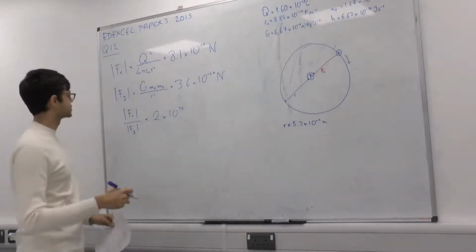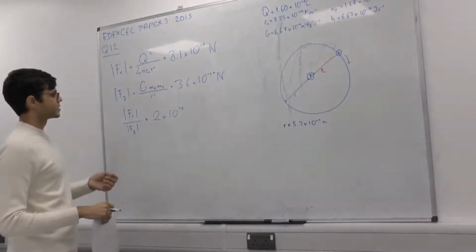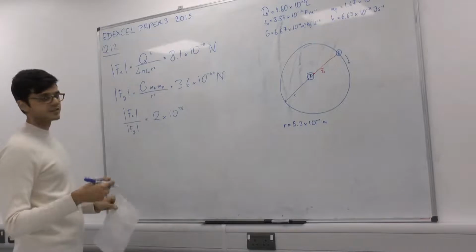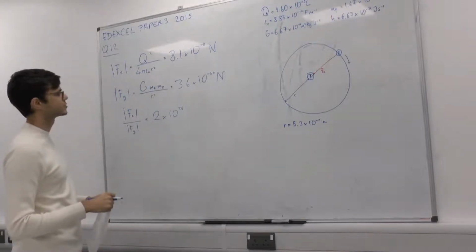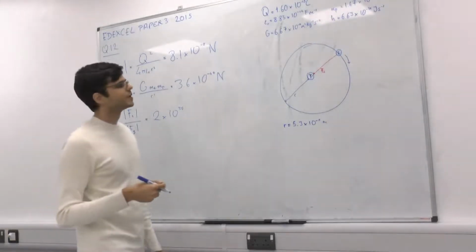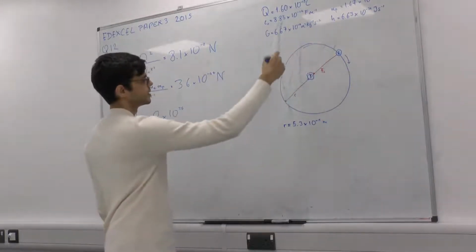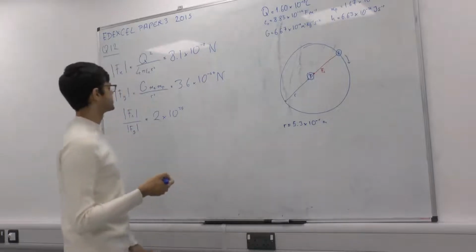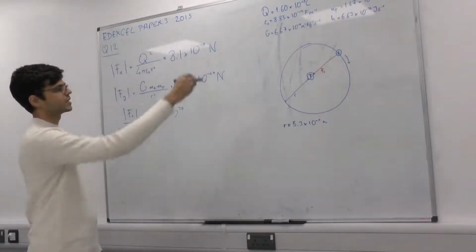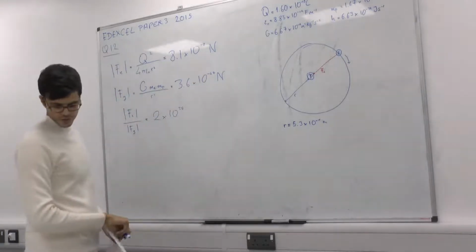So this shows that the electrostatic force is 2 times 10 to the 39 times larger or stronger than the gravitational force, which means in turn that the gravitational force's contribution to the centripetal force can be neglected, and hence it is only the electrostatic force which causes the electron to move in a circular motion around the proton.